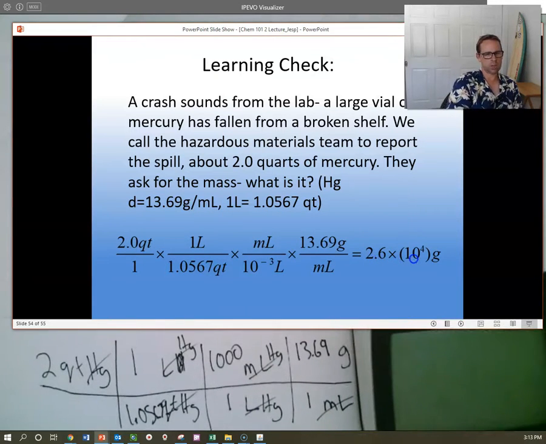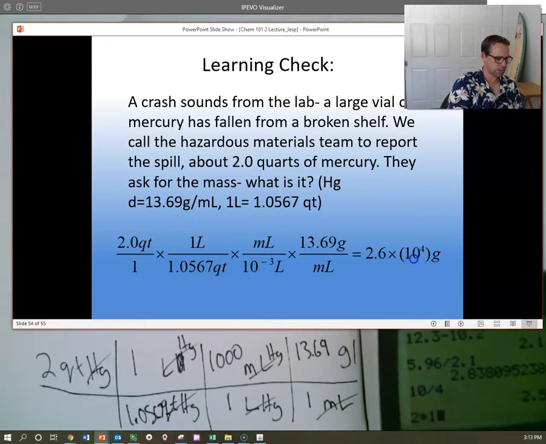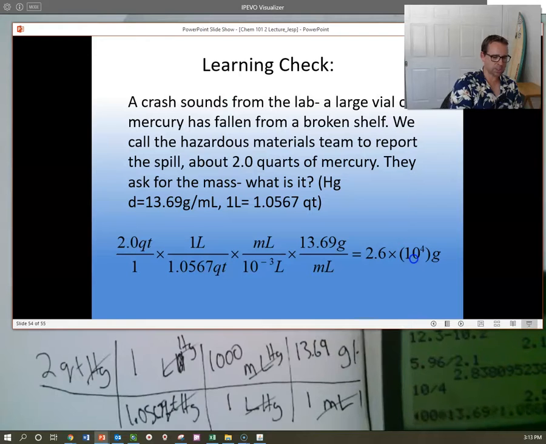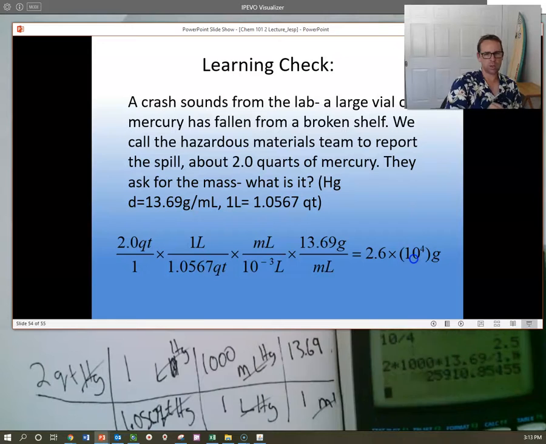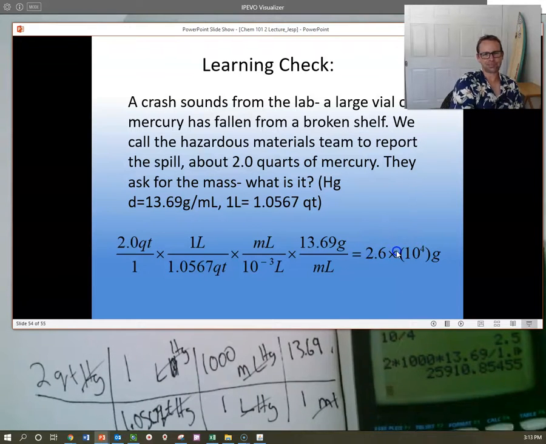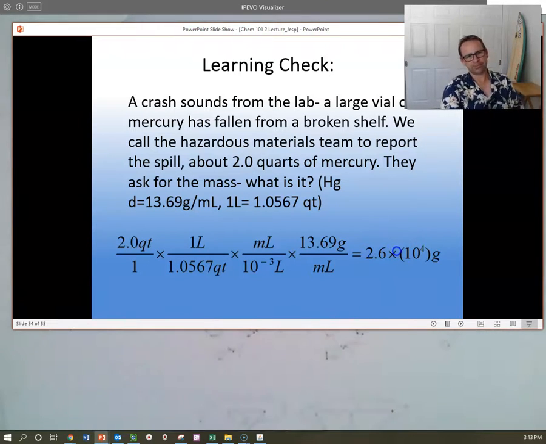So if we do this in the calculator real quick, we'll see 2 times the 1,000 times the 13.69 divided by the 1.0567. All right. And then that should be our answer. It says 25,910, or keeping to our 2 significant digits, 26,000 grams. Okay. Very good. Did you follow that okay?